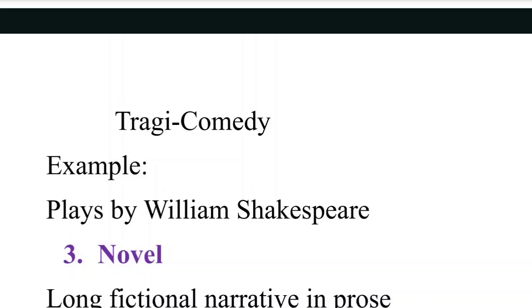As we all basically know, tragedy ends with a sad ending and comedy ends with a happy ending. And tragic comedy includes both the happy and sad parts of the drama. The major examples are plays by various dramatists, especially William Shakespeare.